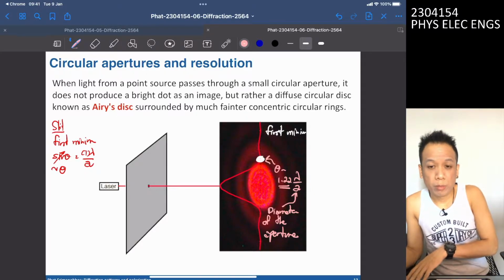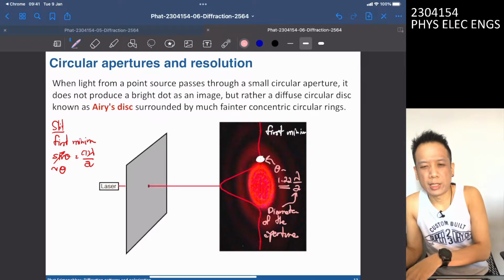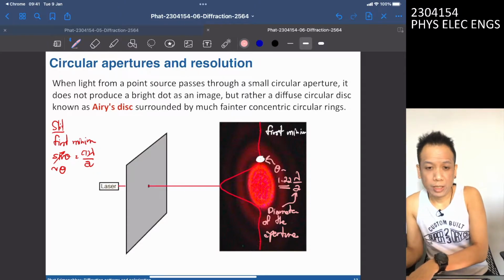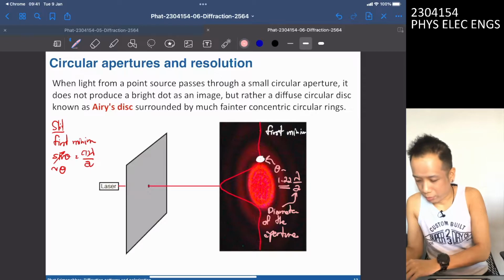We will not prove it because to prove it you will need polar coordinates and knowledge of special functions. So that's, I think, beyond the level of this course. But if you're interested in proving that, no one stops you. You can try to do it by yourself.